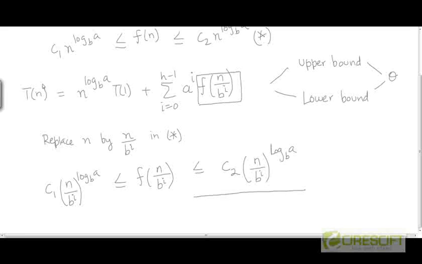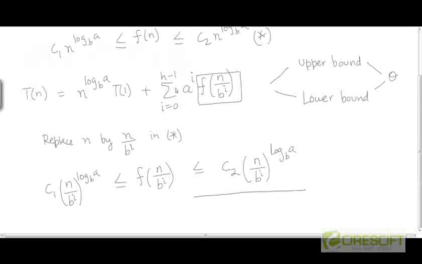So we can say that T of n is less than or equal to n to the power log of a base b multiplied by T of 1 plus sigma of i equals 0 to h minus 1 multiplied by a to the power i multiplied by c2 times n by b to the power i, the whole thing raised to the power log of a base b.